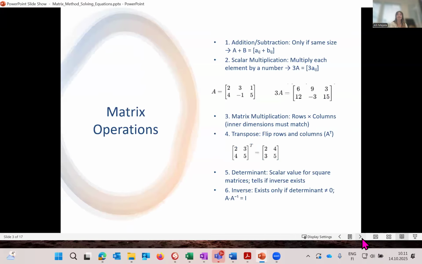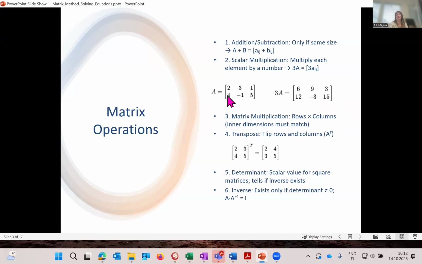You can add and subtract, and then you would always add the ones that are in the same place. Or then you can also multiply. Here, for example, if this were matrix A and you multiplied it with 3, you would have just multiplied all the numbers in there by 3.